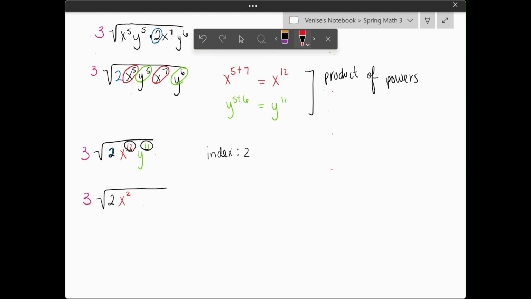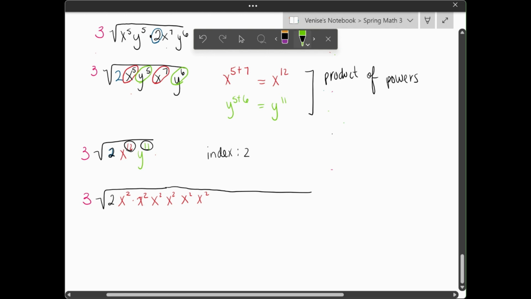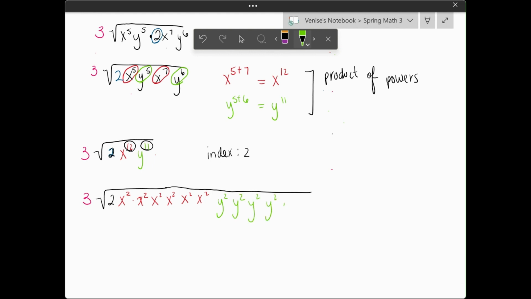So I have to write x squared 6 times: 2, 3, 4, 5, 6. And 2 goes into 11 5 times. So y squared, 1, 2, 3, 4, 5, and I have 1 y left over, right?